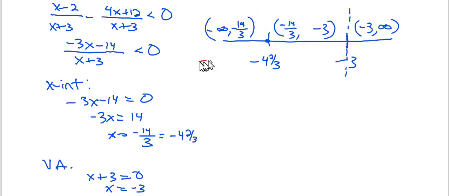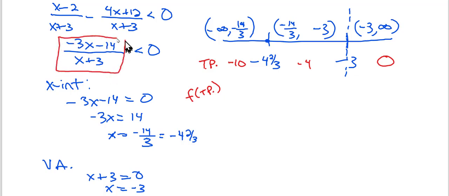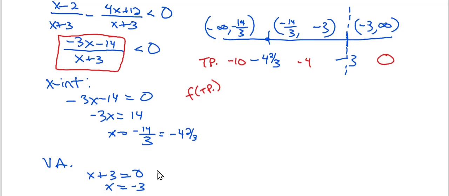We're going to do the exact same thing where we do some test points. Negative 4 2/3, how about we just do like negative 10 to make things easier. Between here, let's go negative 4 and then maybe 0 over here. Plug those into the function, and when I say function, I'm talking about this thing that is a single fraction less than 0.